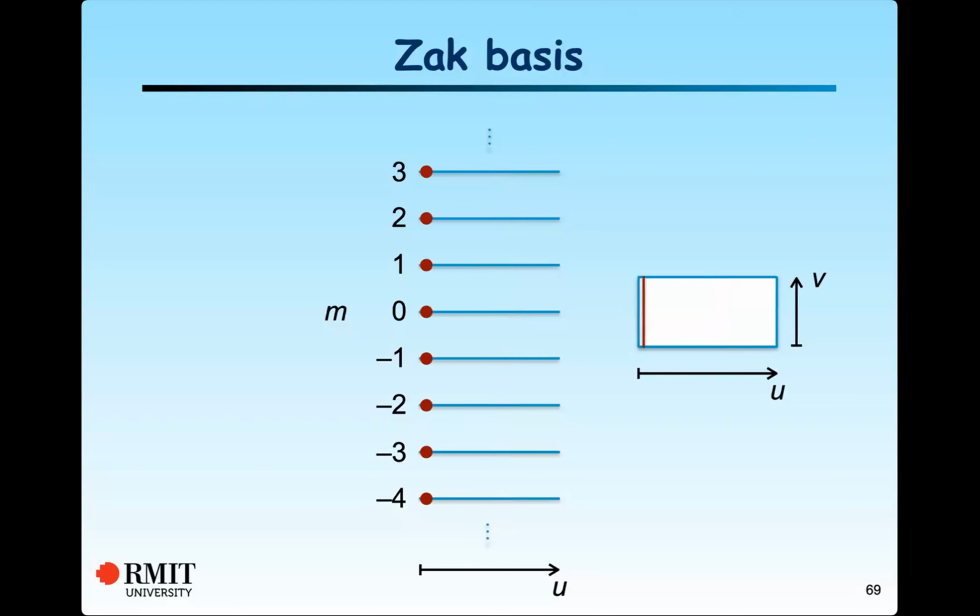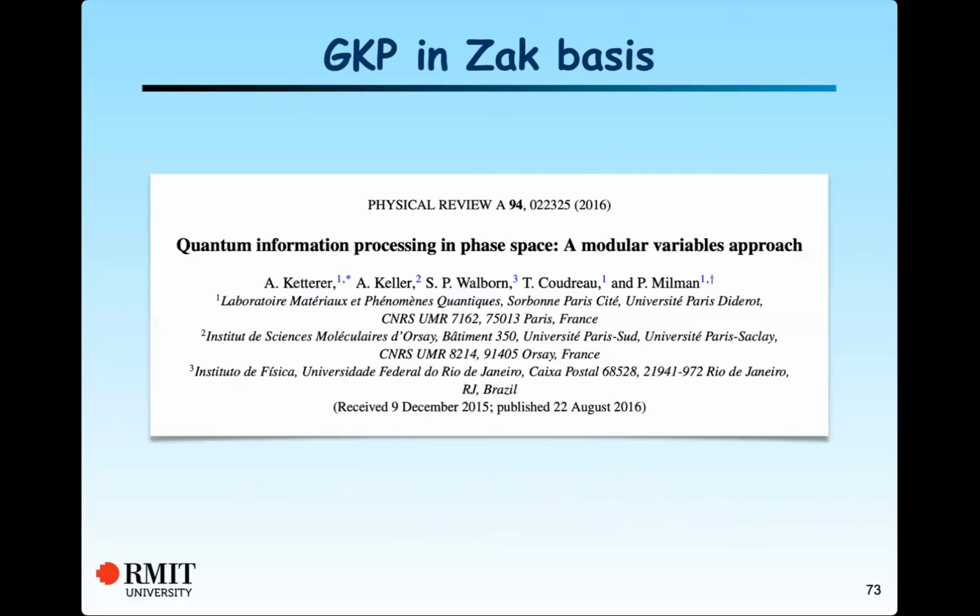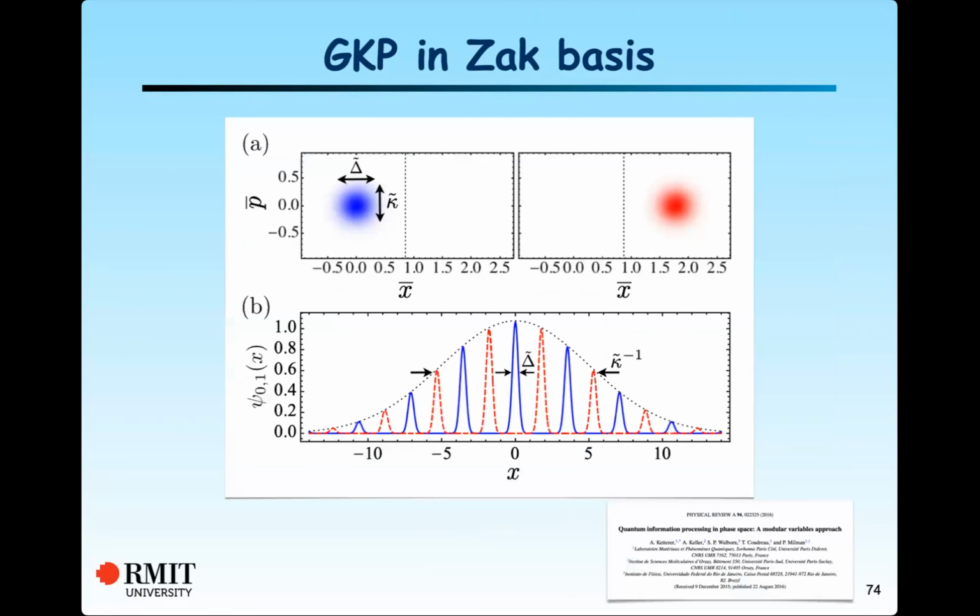And I can do this for all values of u, and thereby create a function on a patch. So instead of a function on the discrete cross interval, we have a function on a patch. So we have this. And this was originally realized in 2016 by a group out of Paris. And this is an approximate GKP state.